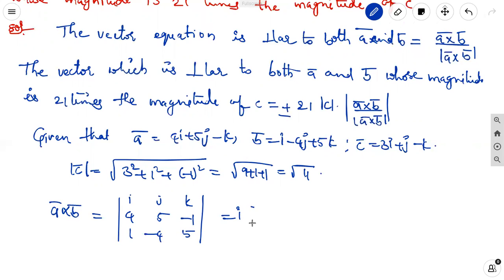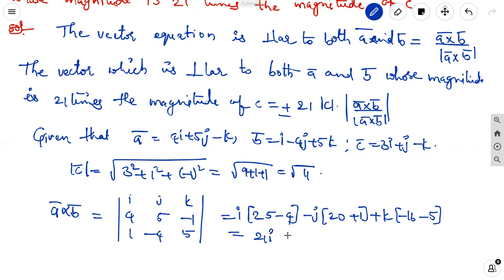It is equal to i into 5 5s are 25, minus into minus plus again 4, minus j into 5 4s are 20, minus into minus plus 1, plus k into 4 into minus 4 minus 16 minus 5. It is equal to 21i minus 21j minus 21k. If 21 is taken common, i minus j minus k.